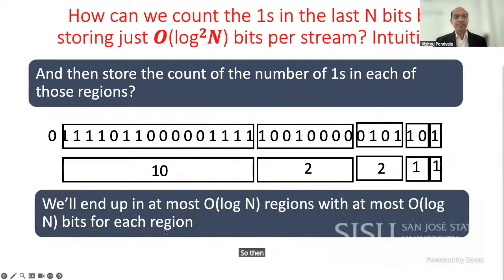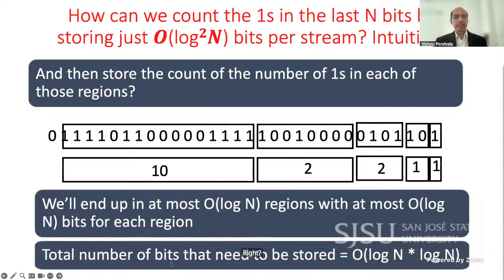So then we'll end up with at most logarithm of n regions, with at most logarithm of n bits for each region, right? So the total number of bits that need to be stored is order of log n times log n. Is that clear? The idea is very simple.